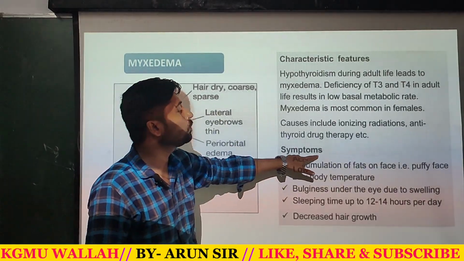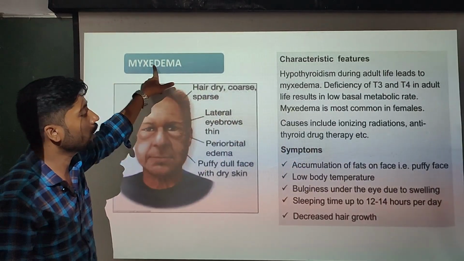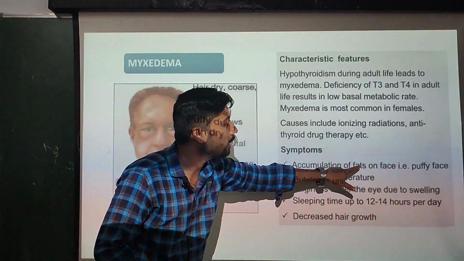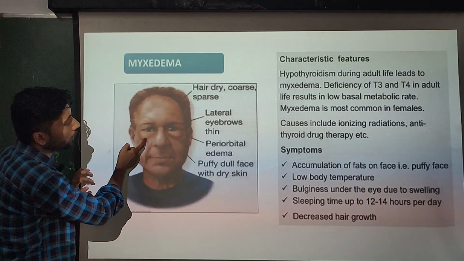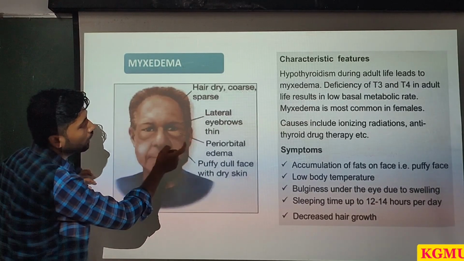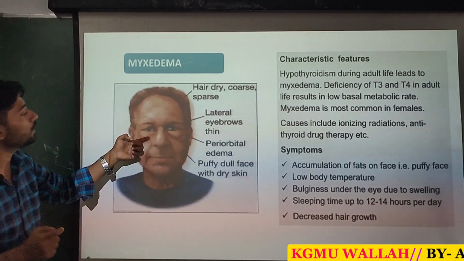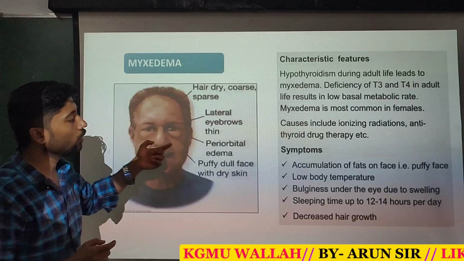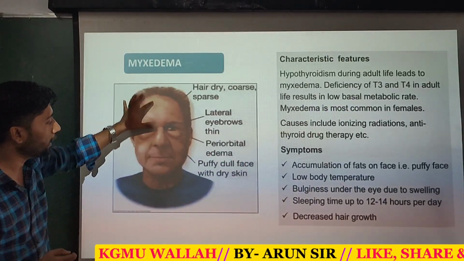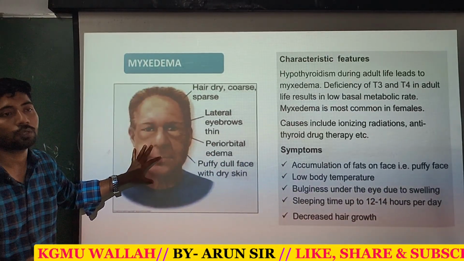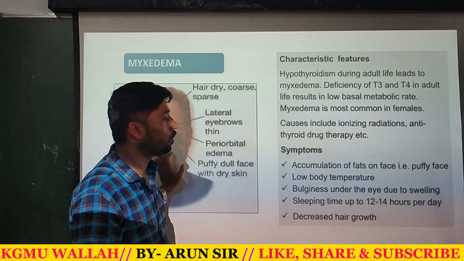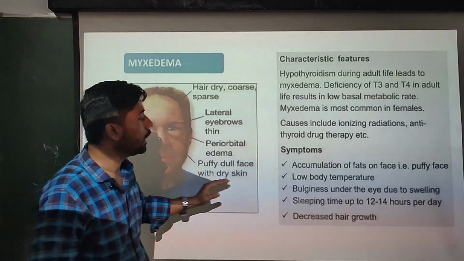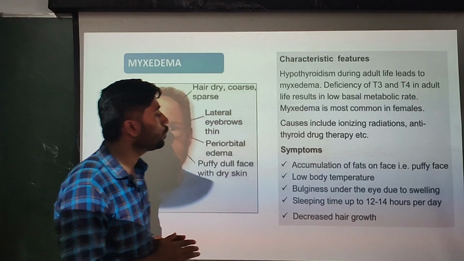If you talk about the symptoms of this disease, you can say accumulation of fat on the face, that is puffy eyes. You can see accumulation of fat here, and your eyes are puffy, clear, and low body temperature. That type of patient may suffer from low body temperature, and also bulginess under the eye due to swelling.